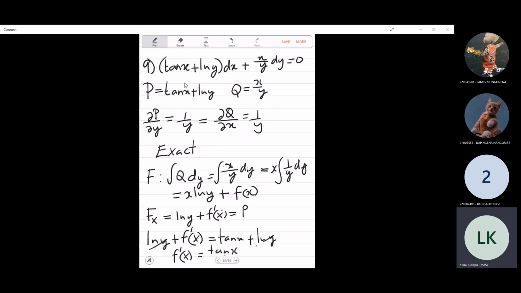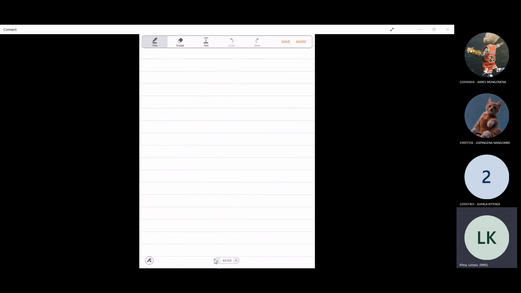So we're trying to run away from integrating tan of x, but as you can see here, we'll still have to integrate it. But that's not a difficult one to integrate. It's the integral of tan of x dx. This is the integral of sine x over cos x dx.